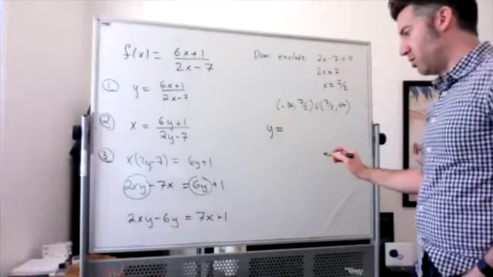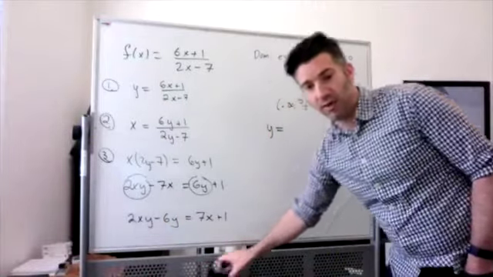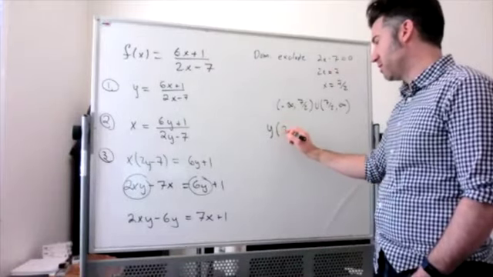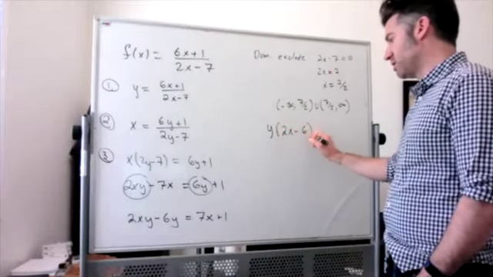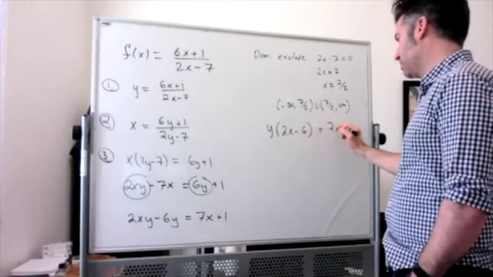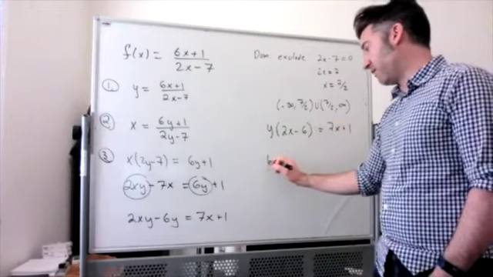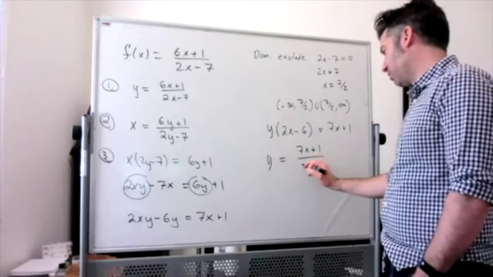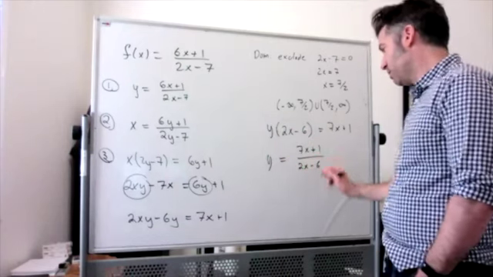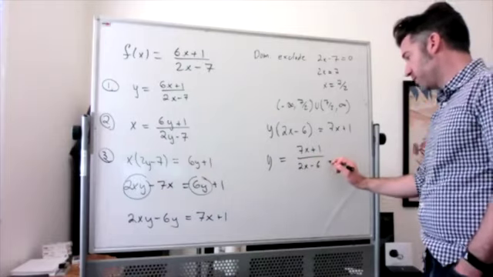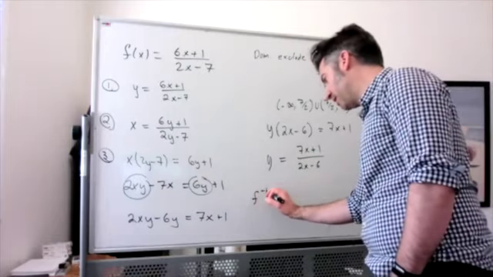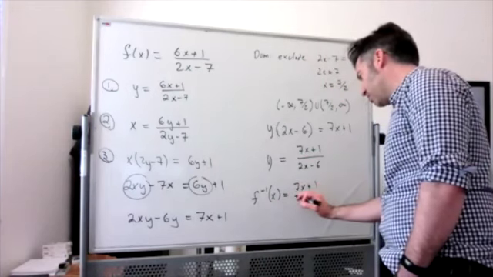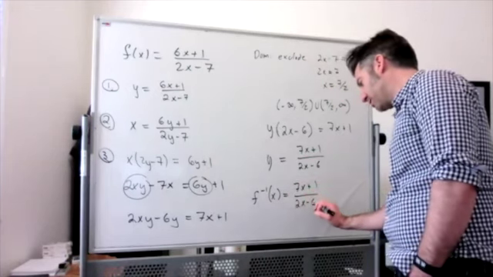So factor out a y, you've got y times 2x minus 6 equal to 7x plus 1. And then finally divide by this: 7x plus 1 over 2x minus 6. So that's your inverse function. So f inverse of x is 7x plus 1 over 2x minus 6.